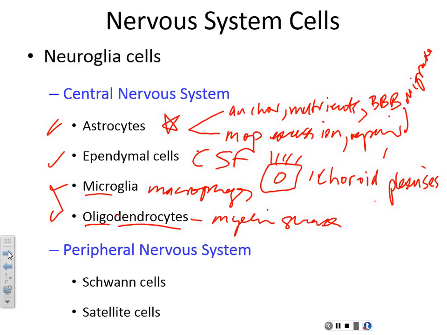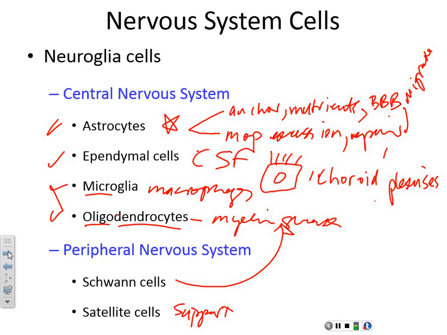And then in the peripheral nervous system, the Schwann cells, what do Schwann cells do? They produce the myelin sheath in the periphery. And then satellite cells, what do they do? Satellite cells support and nourish, and these surround ganglia. What is ganglia? Cell bodies outside of the CNS, right?